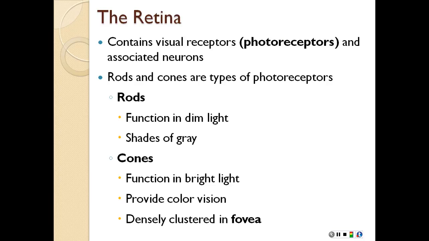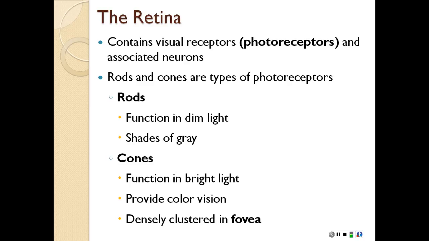The retina, again, is where we have our photoreceptors, and the photoreceptors are rods and cones. The rods are activated in dim light, and they allow us to see shades of gray. Cones, on the other hand, function in bright light, and they provide color vision.